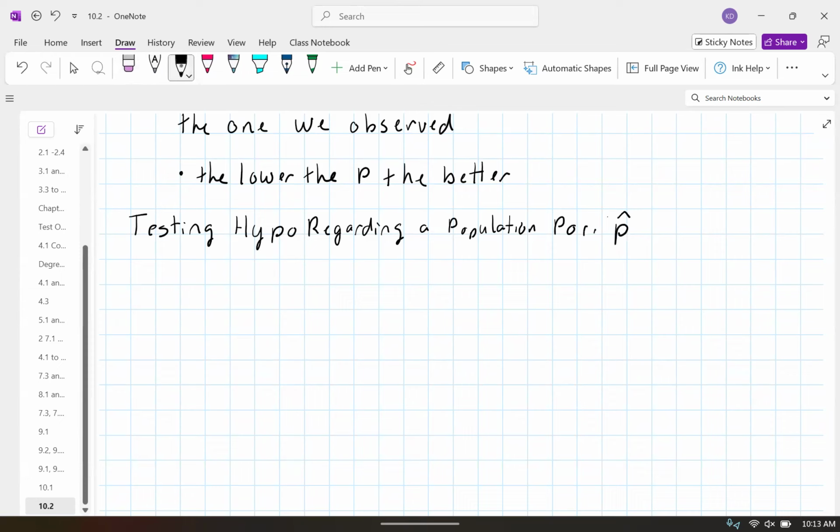We haven't really done that yet, but we will going forward. So determine our null and alternative hypothesis. Remember, your null hypothesis is there's no difference. It's what we said it was before. The alternative is there is a difference. When we write our alternative, this tells us how many tails we have.